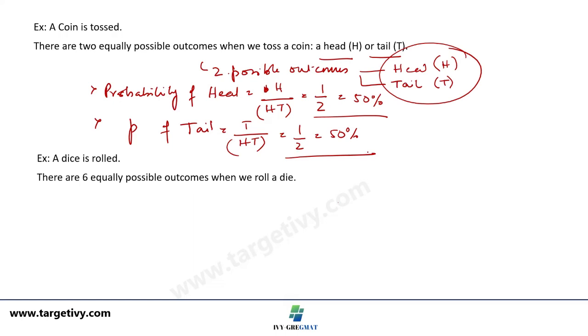So let's roll a dice now. There are 6 possible outcomes if I roll a dice, which can be 1, 2, 3, 4, 5, or 6. So the total number of possible outcomes is 6.